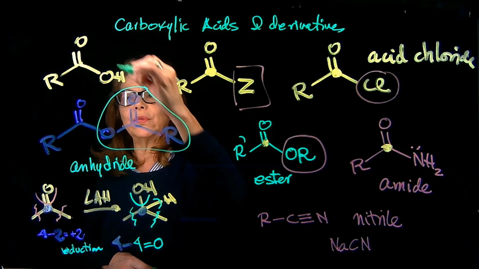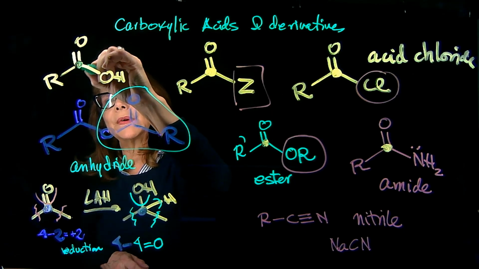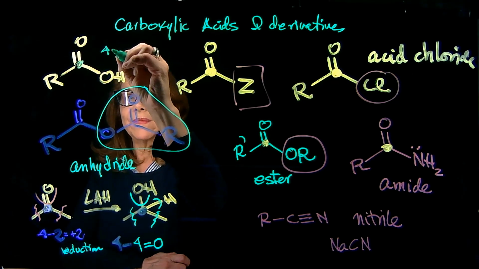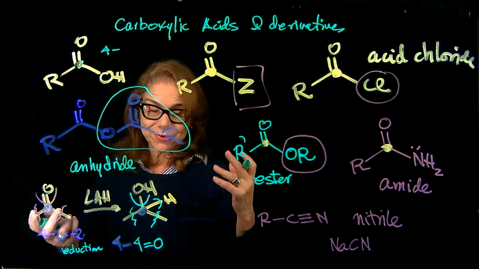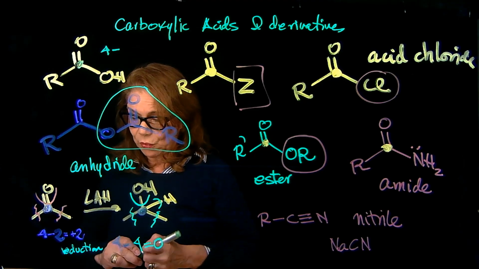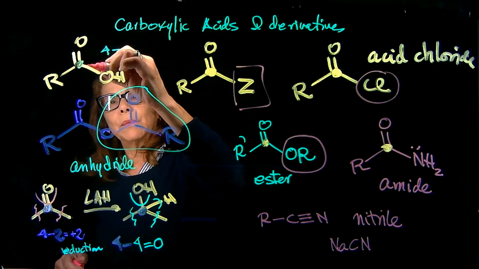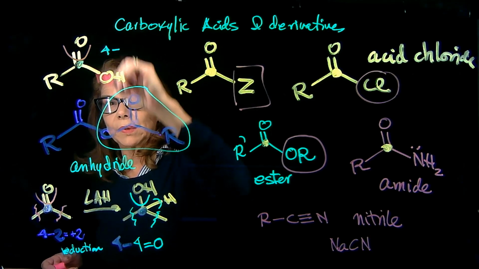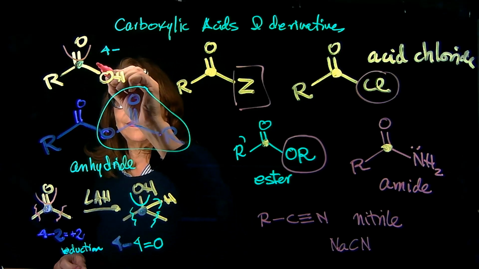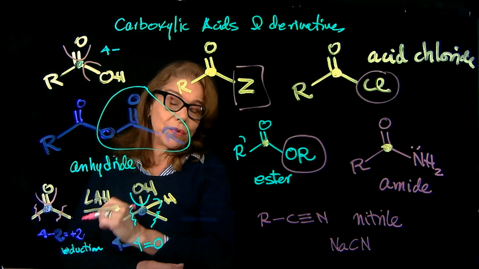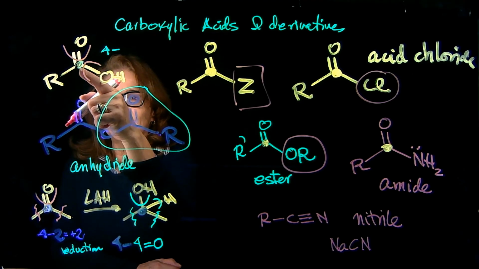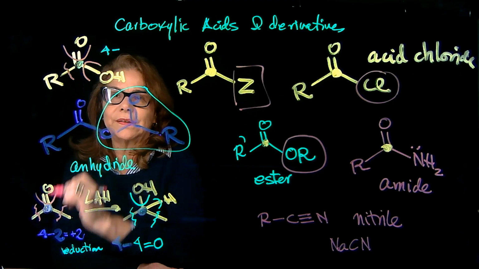So if I do the oxidation state here at this carbon, I start the same way, say 4 valence electrons, and then electrons in bonds assigned to the more electronegative. So between this carbon and the oxygen, obviously oxygen is more electronegative, so I'm going to assign the 4. And same here, I'm assigning those 2 to the oxygen, those 2 in the bond. And here is carbon-carbon, so I'm going to split it even.